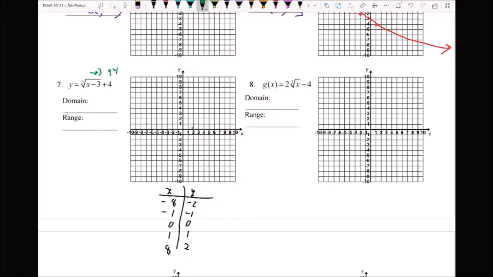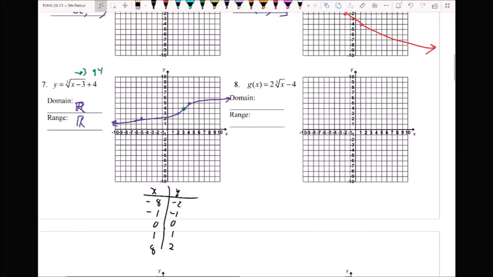So right 1, 2, 3, up 4. From there, I'm going to plot all of my points. Oh, there's no A value, so I don't have to do any stretching or shrinking. So I've got the point 1, 1, and then I'm not going to be able to get to 8, 2. But here I've got -1, -1, -2, -1, 2, 3, 4, 5, 6, 7, 8. And then for cubed root, it is all real numbers for everything.